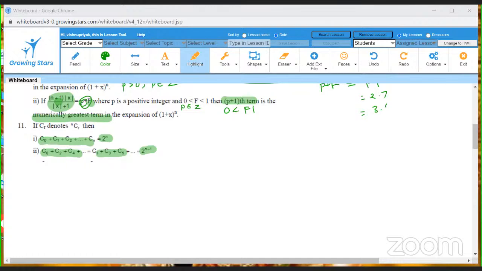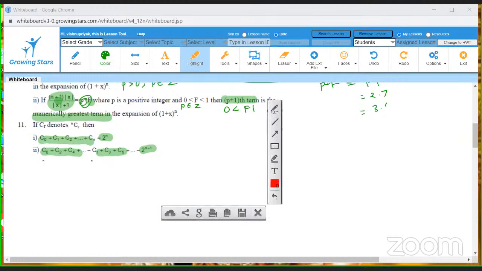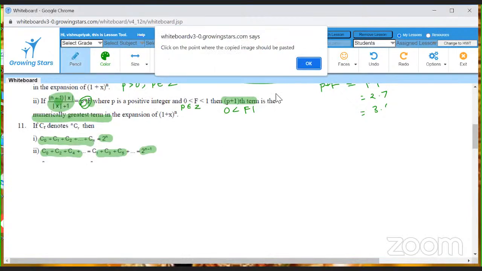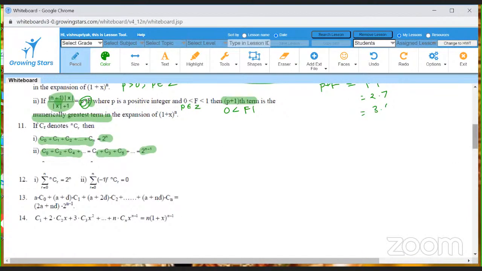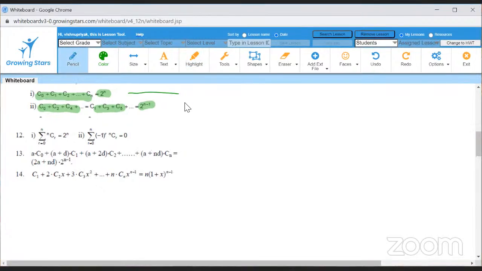Eleventh. 12th one. In the 12th, sigma nCr, this one only, same as this: Cr, right?